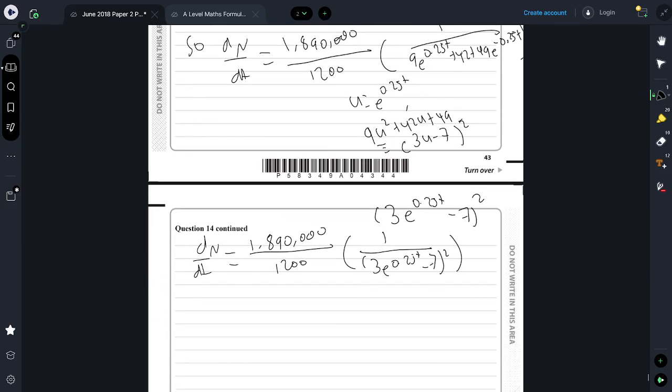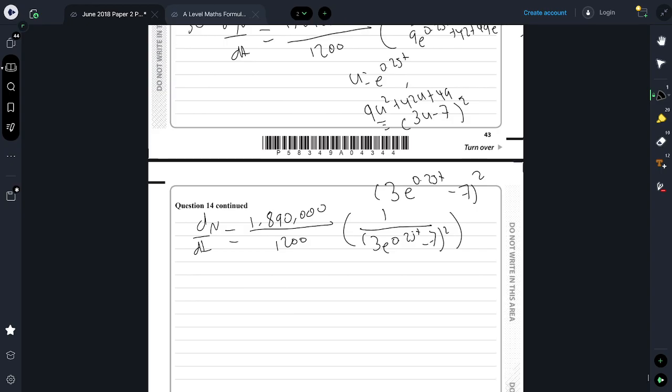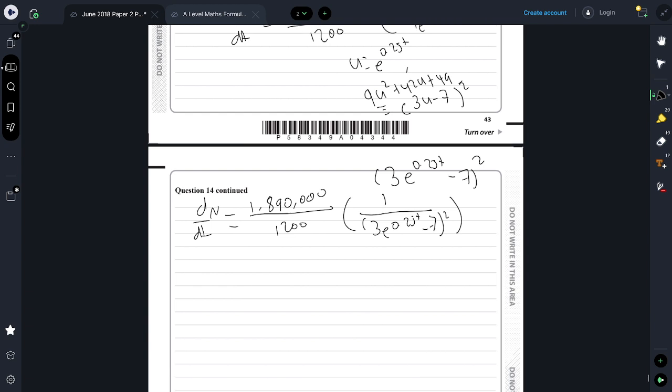Oh, it's not exactly the same, is it? Because this is a positive 0.25, and n is negative.